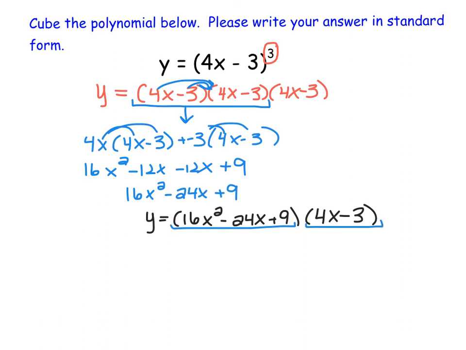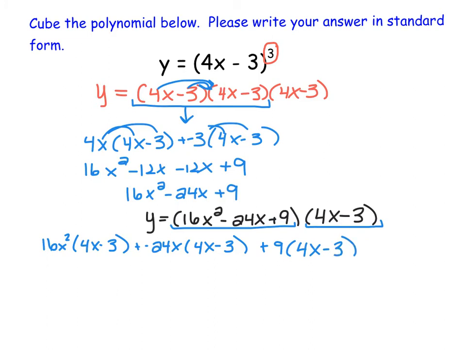We take 16x squared and multiply it by 4x minus 3, then negative 24x times 4x minus 3, and then the 9 times 4x minus 3.